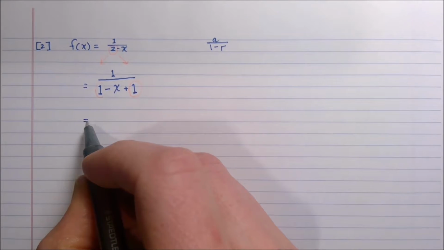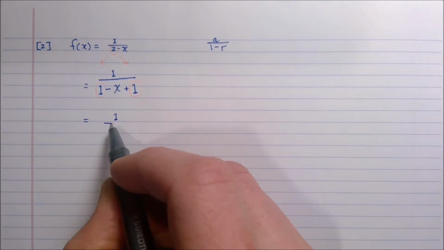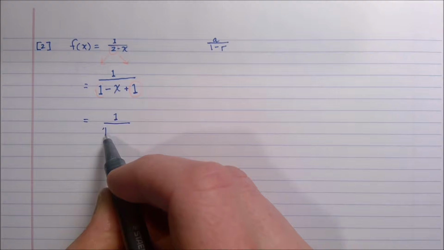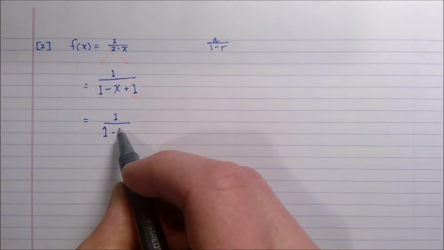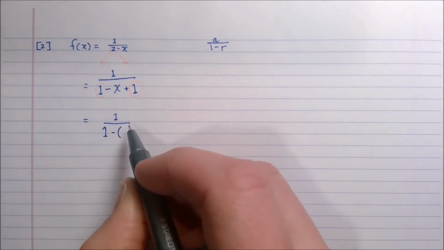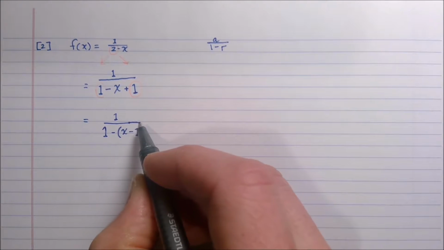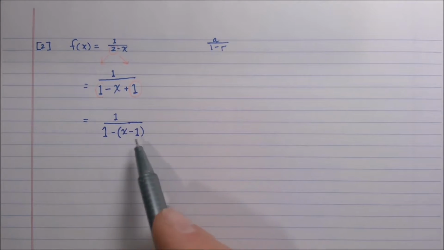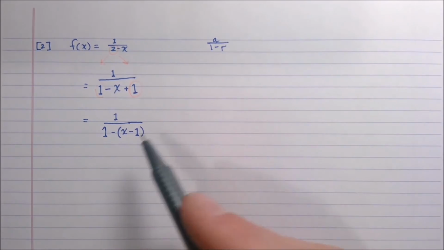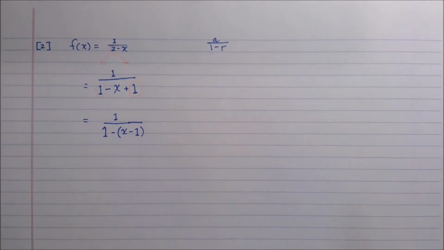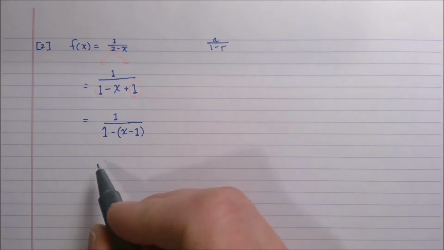So if you do that, you then have 1 over 1 minus, I'm basically factoring out a negative here, so I end up with 1 minus the quantity x minus 1, right? So that's now my r, my ratio, excuse me.